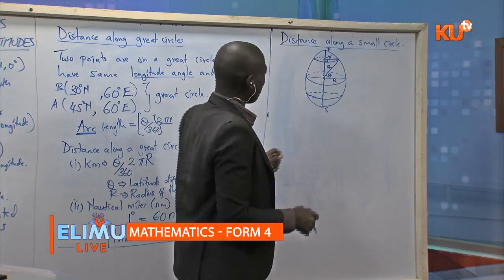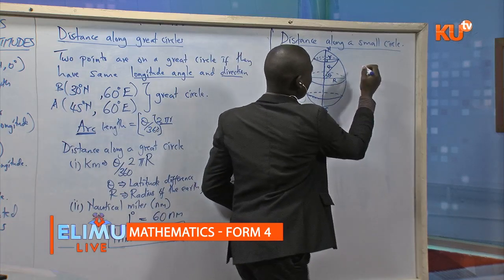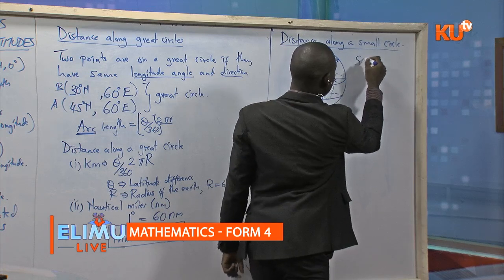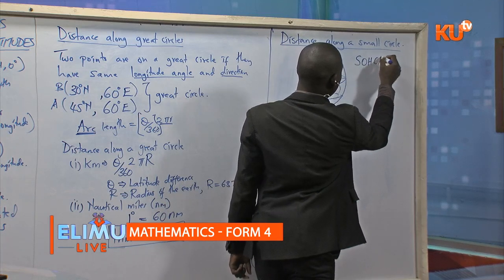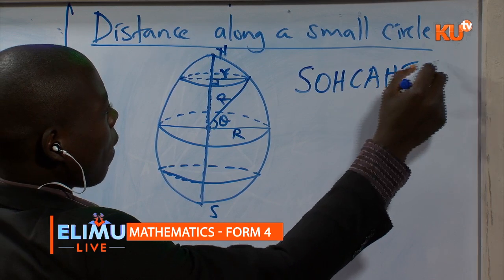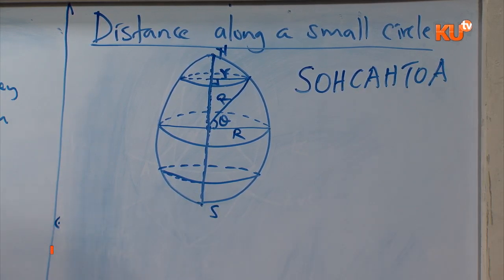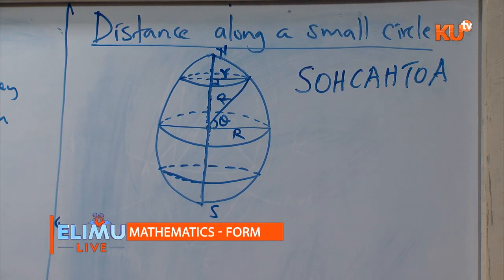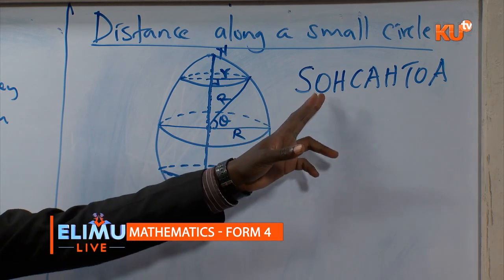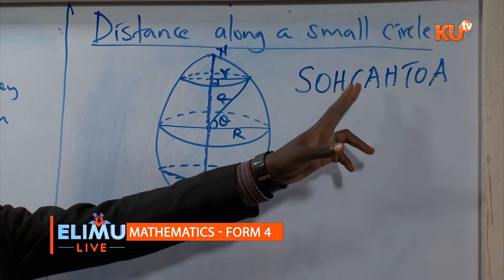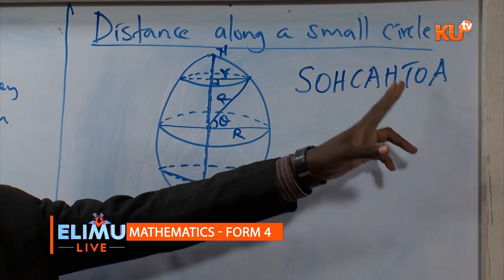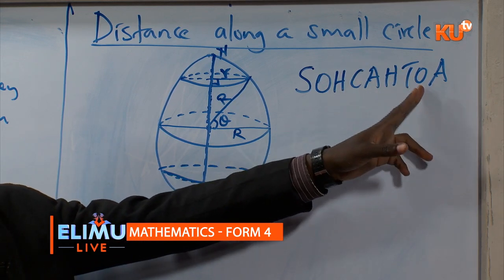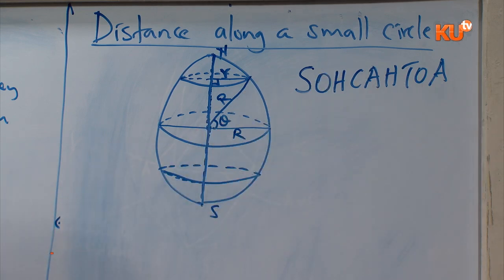And so we want to apply a concept in Form 2. Under trigonometry, we talk about SOHCAHTOA. For all those who understand what each of the letters represents, this is sine, opposite over hypotenuse. This is cos, adjacent over the hypotenuse side, and tan is given by opposite over the adjacent side.